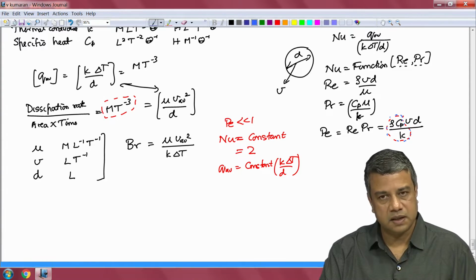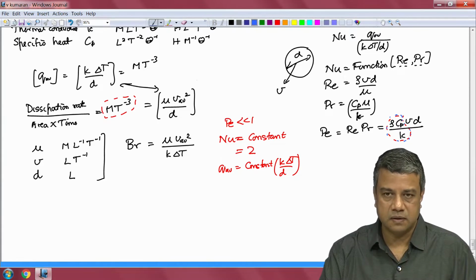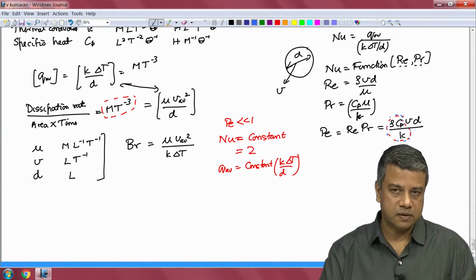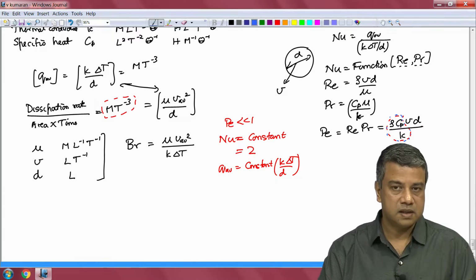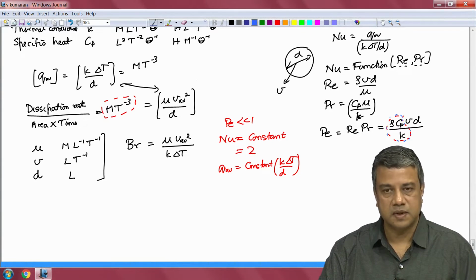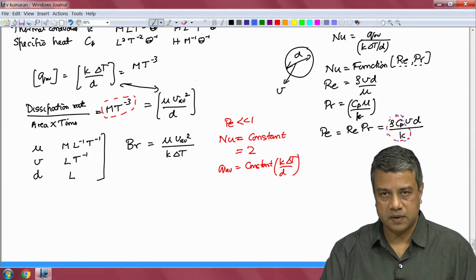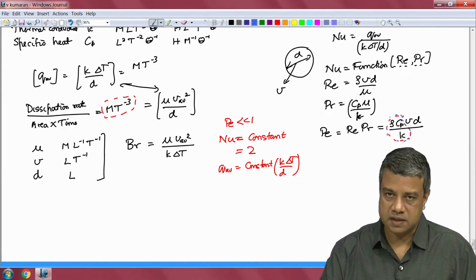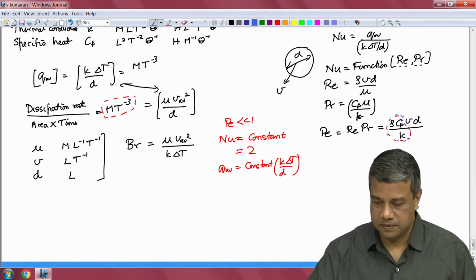On the other hand, if it is large, even though convection is dominant compared to diffusion, ultimately heat transfer from the surface has to take place due to thermal conductivity, because there is no flow perpendicular to the surface, and therefore, at high Peclet number, the Nusselt number does in fact depend upon the Peclet number. So, those are the conclusions that we drew.